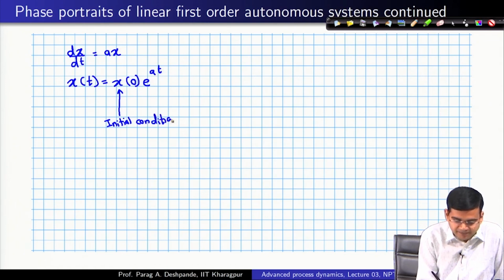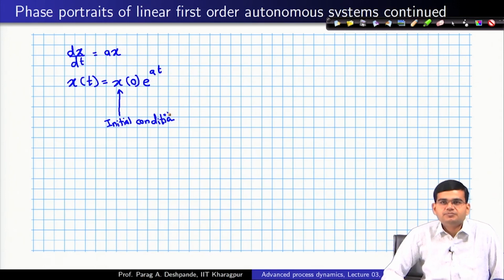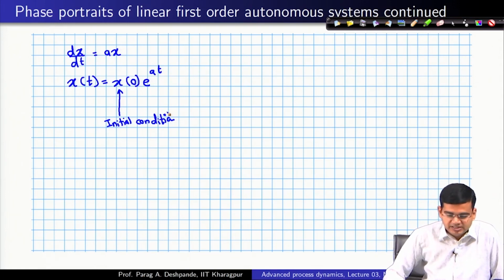In fact, this is an initial value problem, dx by dt mathematically is an initial value problem, and therefore, to solve the problem you need to specify the initial condition. So, x 0 is the initial condition.